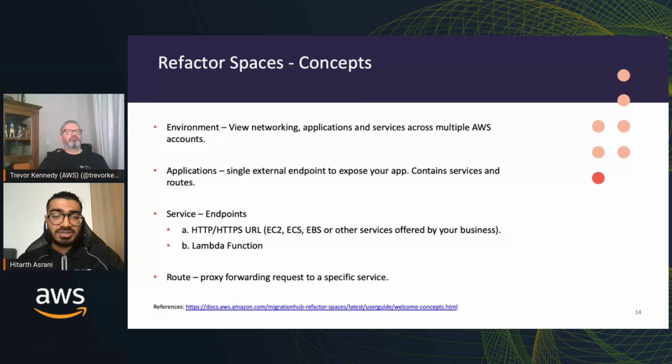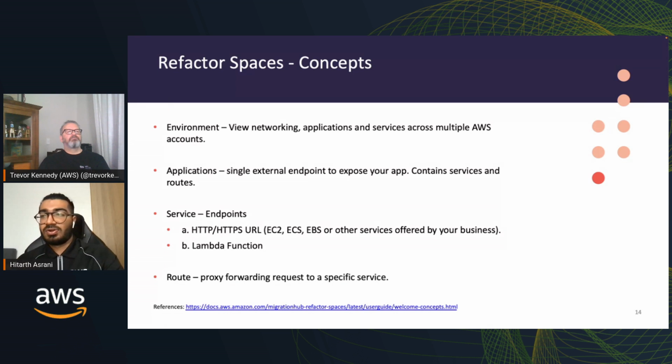Then you've got applications, which are basically endpoints to expose your app. Applications contain services and routes. Services are basically your endpoints, and they can be HTTP or HTTPS endpoints. So what you can do is have EC2, ECS instances, or Elastic Beanstalk instances, something running in maybe one of your private VPCs.